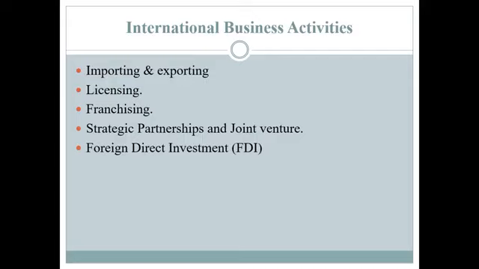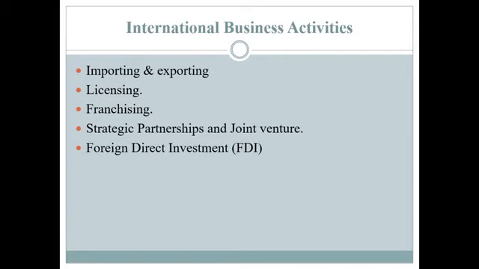For example, what is done in foreign direct investment? A company makes physical investment in buildings and other facilities in a foreign country, or investors invest in companies located in a foreign country. Why is such investment done?